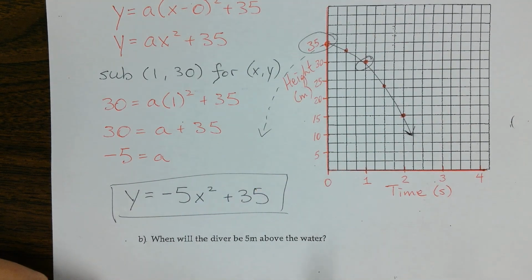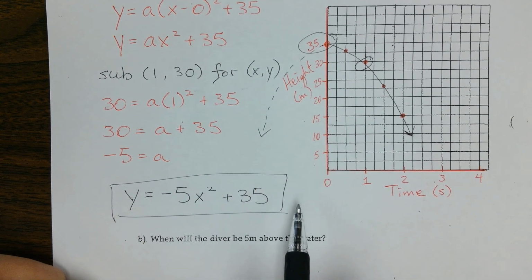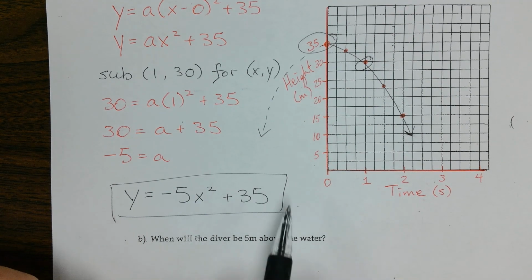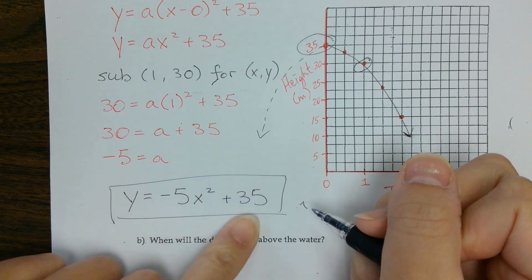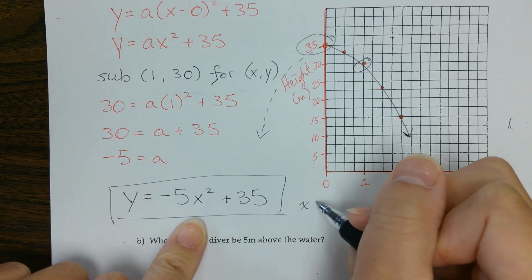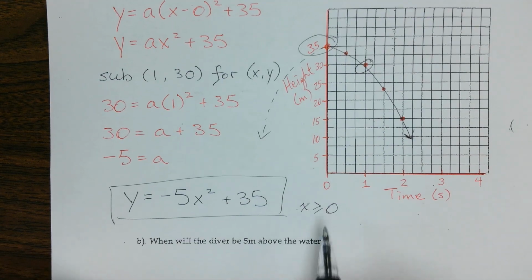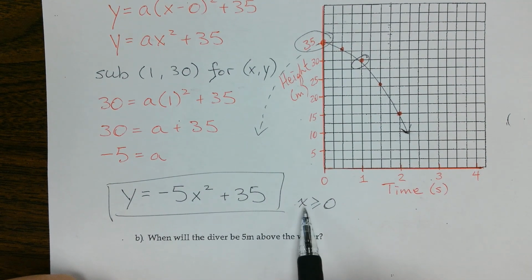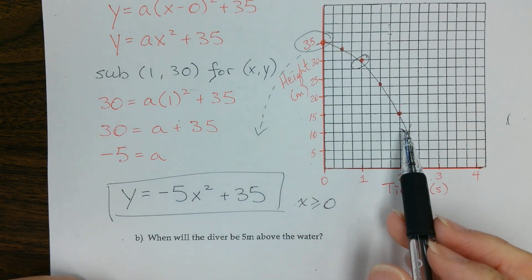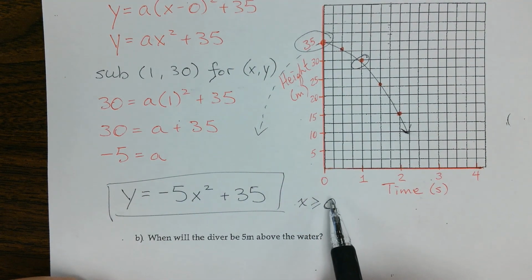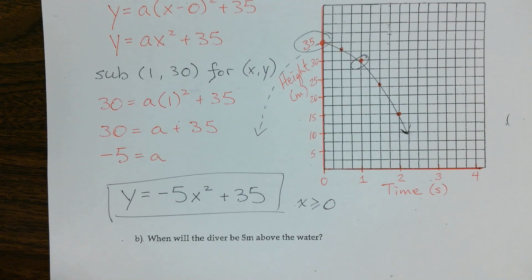So technically, when you get into grade 11, you can add in here x greater than or equal to 0. Okay, so for now, if you just give this, that's perfect. But when you get into grade 11, you'll have to say something like this as well, because this is only valid if x is greater than 0. If it's less than 0, it doesn't make sense.